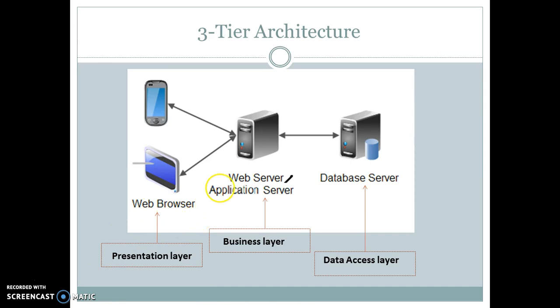Second, if there is some change in the application logic, then the application logic needs to be changed only on the application server, and through the application server, all the connected clients will be able to access the updated application logic. Third, three-tier architecture is scalable.